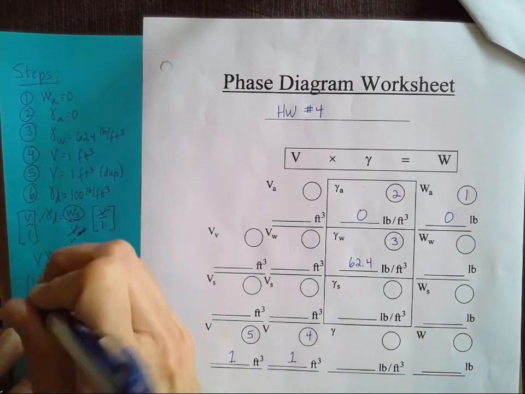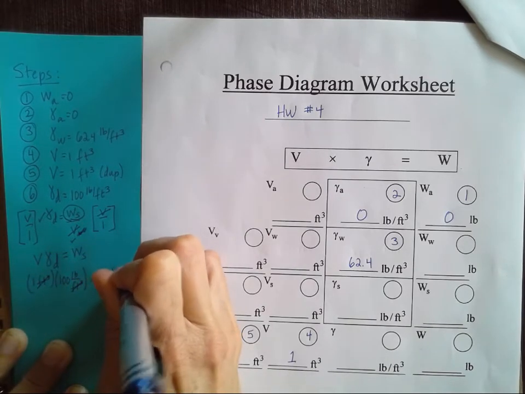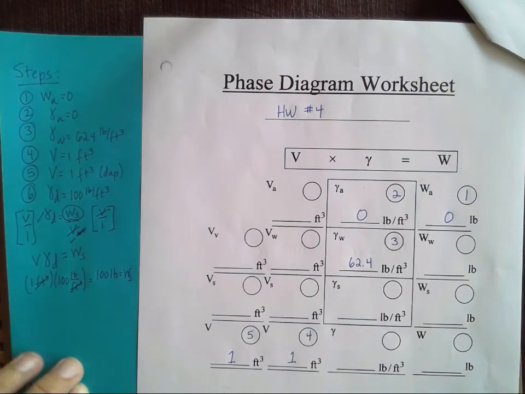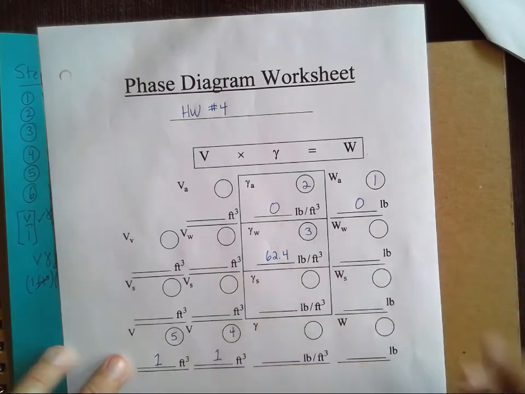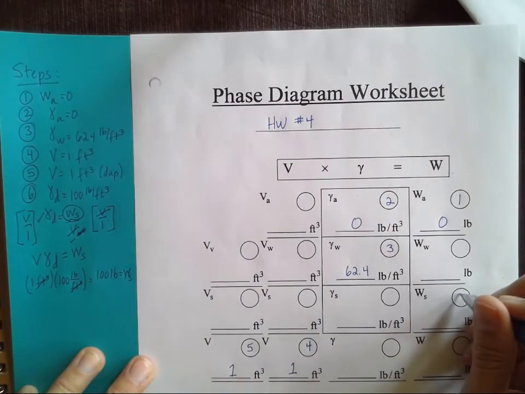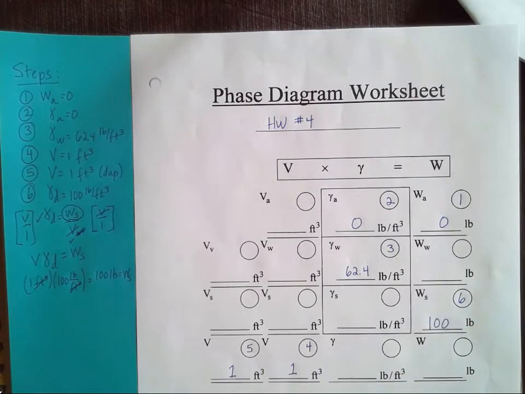So my cubic feet cancel, and I wind up with 100 pounds as my weight of the solids. So that's going to be number 6. I've got this all organized. Okay, so my weight of the solids is going to be 100.